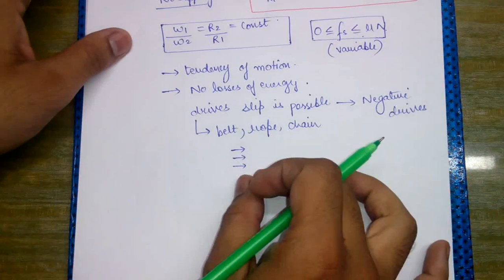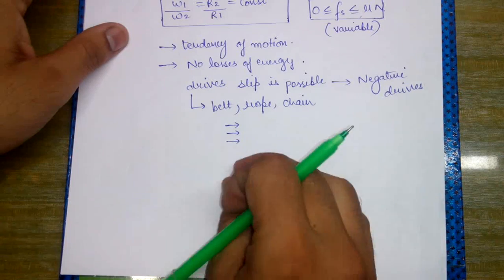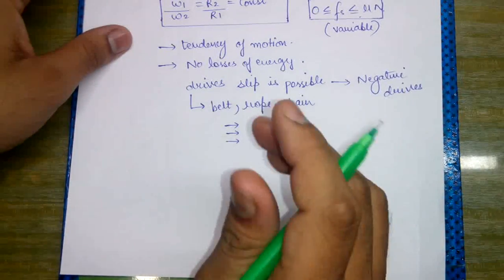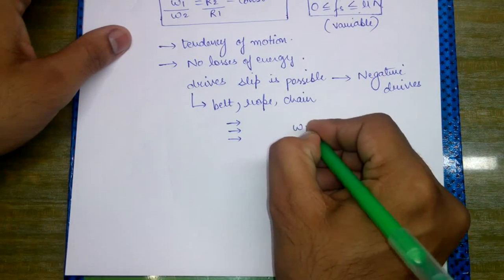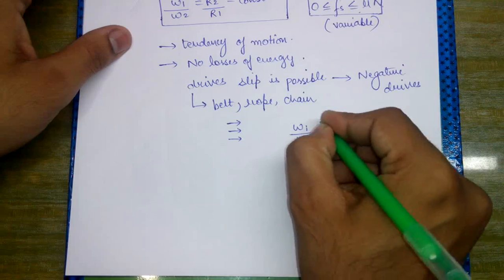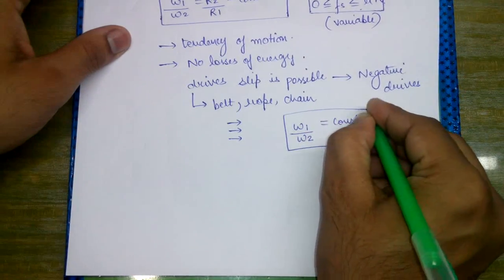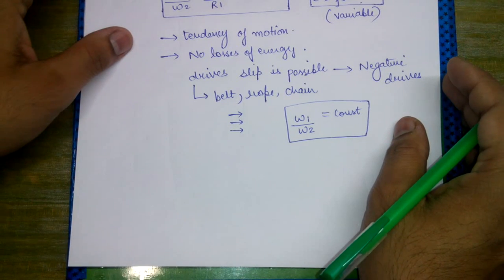Whereas in some systems, very high accuracy is demanded for power transmission, hence the ratio of omega 1 upon omega 2 should be constant.